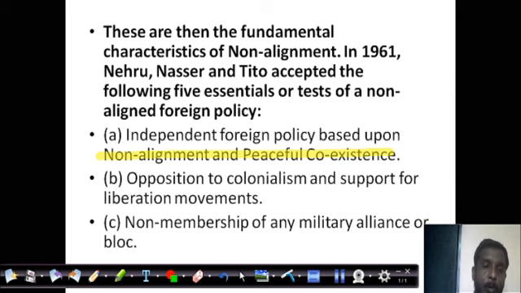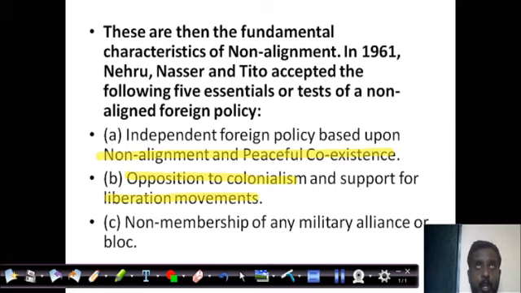Second one is opposition to colonialism and support for liberation movements. The non-alignment movement was totally against colonialism in all its forms, and it supported independence movements, which means that though countries like India got independence in the late 1940s, there were many countries which were even at that point of time being ruled by European countries.